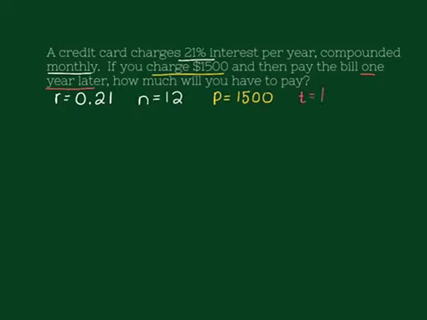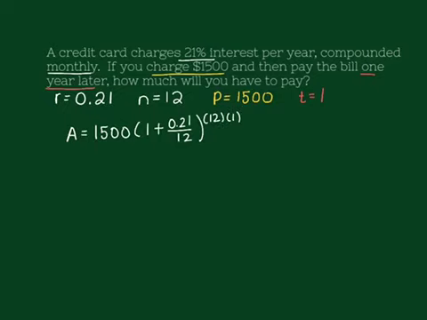So let's set up the formula. We have A is equal to 1,500 times 1 plus 0.21 divided by 12 to the 12 times 1 power.